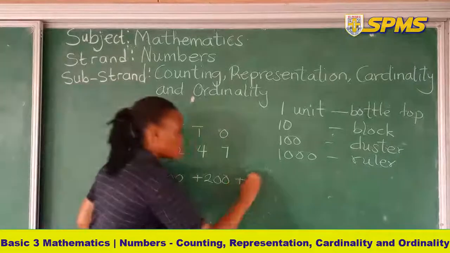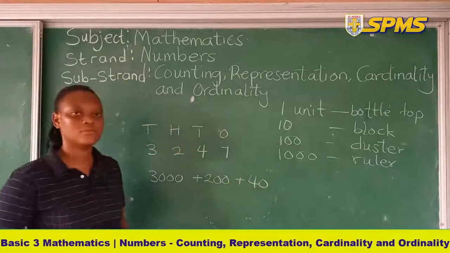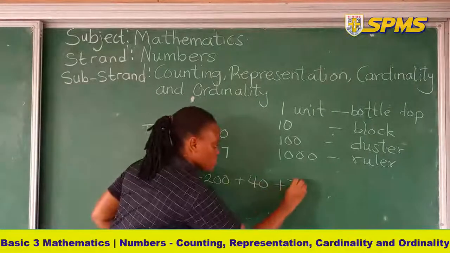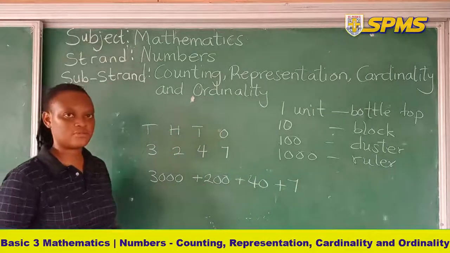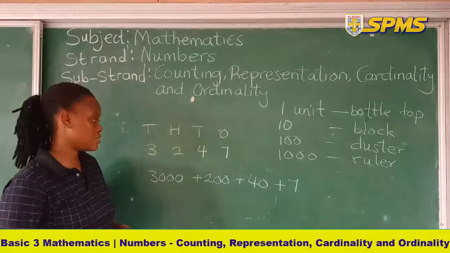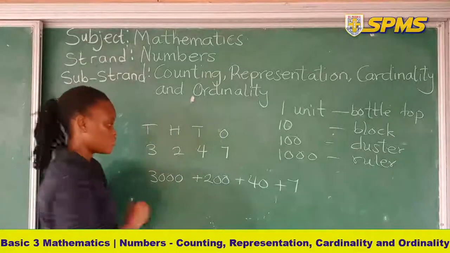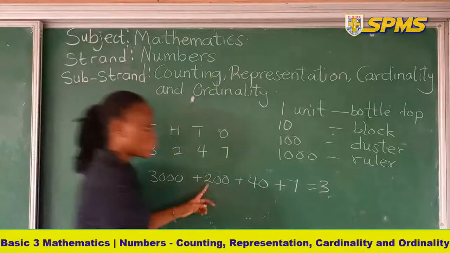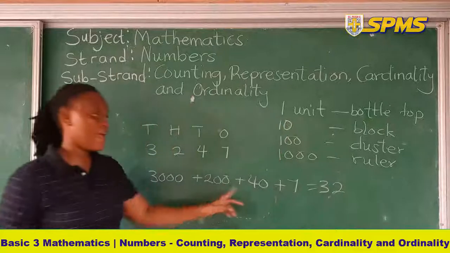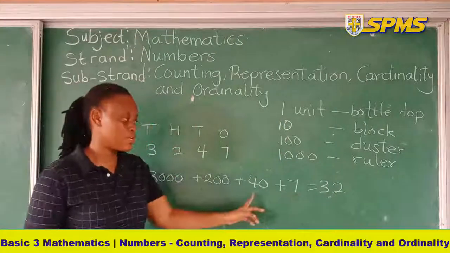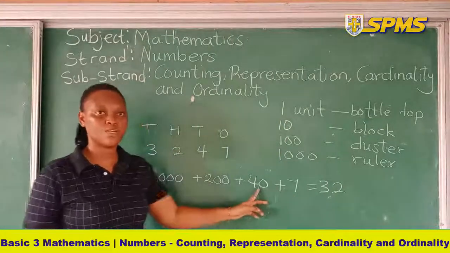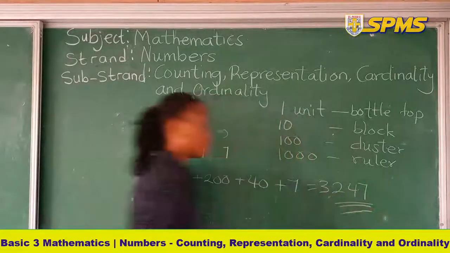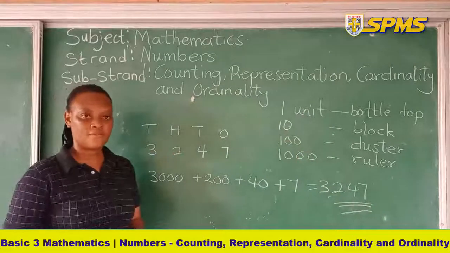So it becomes what? 40. And then I have 7 of the ones. It becomes what? 7. So this is what we have. So this becomes 3,200, and they go together. 40 plus 7 will give you what? 47. Very good.